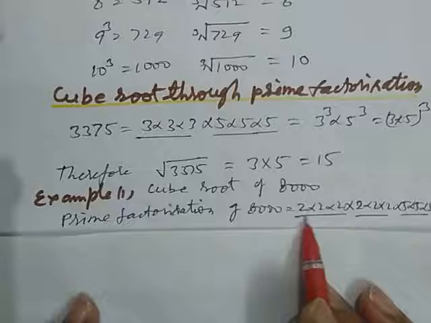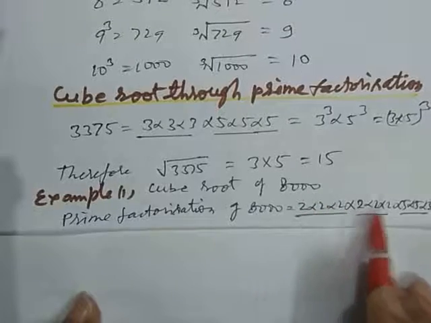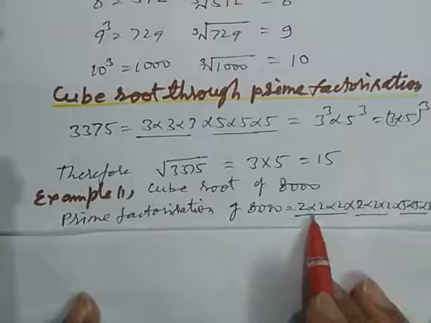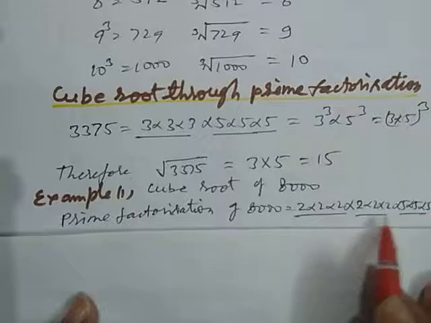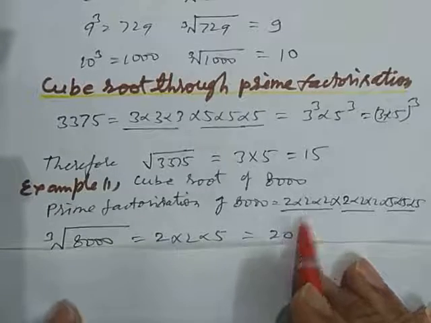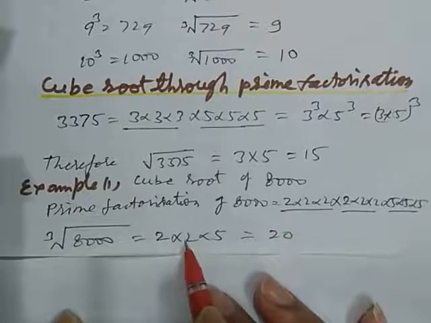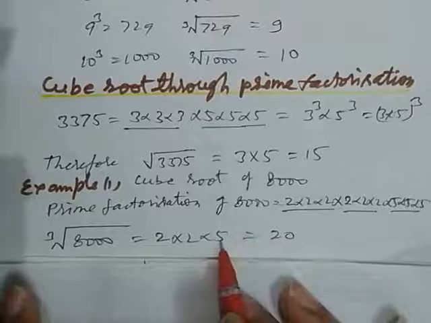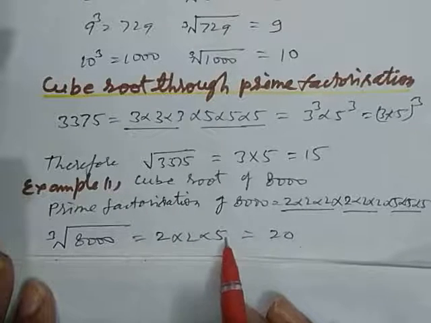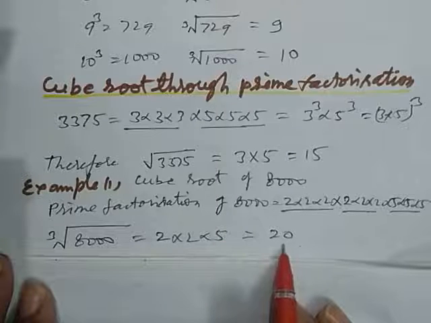This is a group of 3, also a group of 3, and this is also a group of 3. From every group we select one number. From here we take 2, from here we again take 2, and from here we take 5. So the cube root of 8000 is 2 into 2 into 5. By multiplying this we get 20.